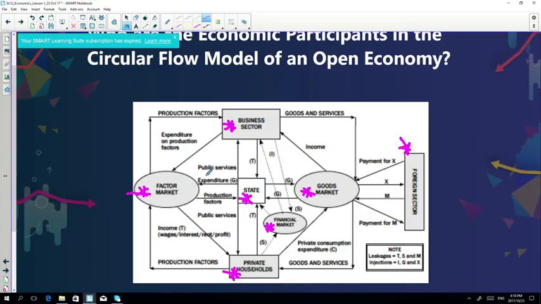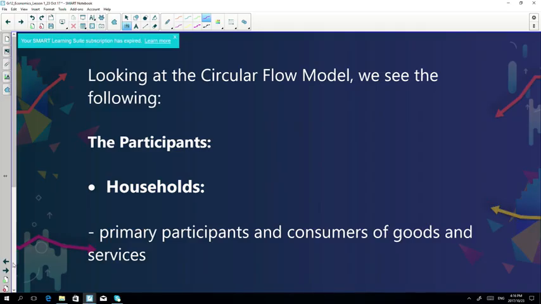And because this is an open economy, we're also going to look at the foreign sector. So looking at the circular flow model, we see the following. Now we're looking at the different participants that I mentioned earlier on in the diagram, and I'll keep on going back to that diagram in order to explain a couple of things.